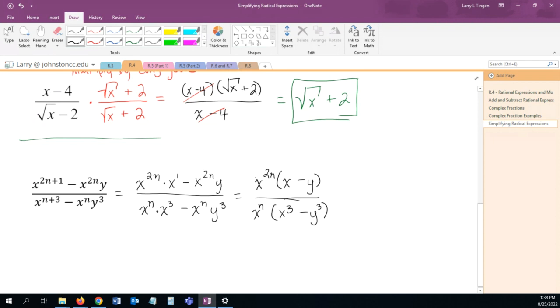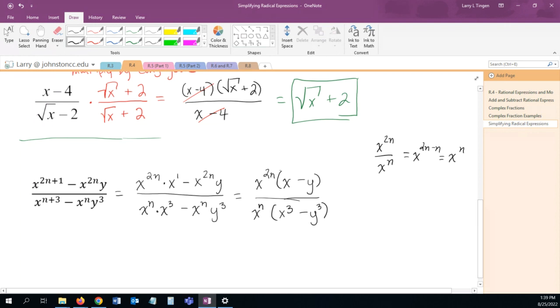All right. Now, both of my factors that I pulled out are x's. So I got the same base, to different powers. When I multiply the same base, I add the powers. When I divide with the same base, I subtract: 2n minus n, which equals what? 2n minus n is 1n.